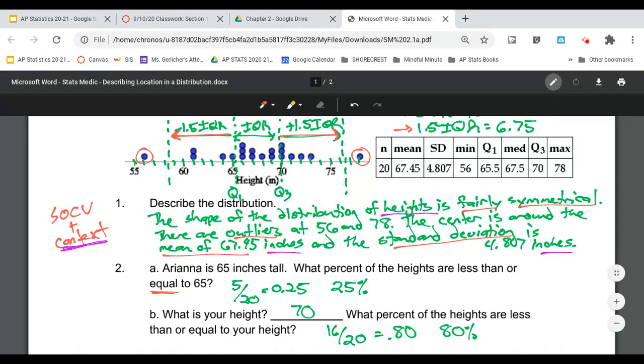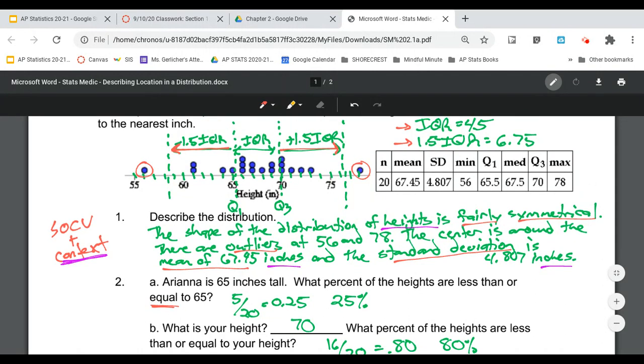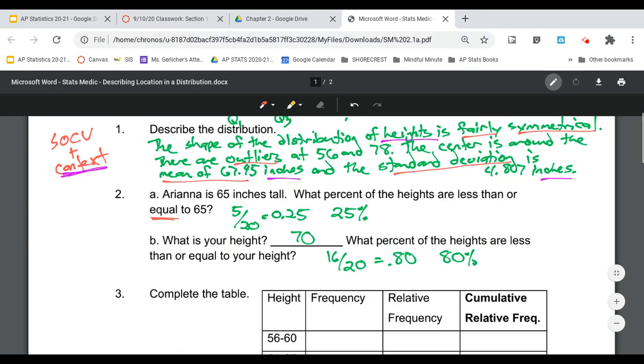Okay, so for 65 inches tall, here she is. So there are 1, 2, 3, 4, 5 points at her spot and below. So 5 out of the total of 20 is 0.25 or 25%. So you would say she is at the 25th percentile.